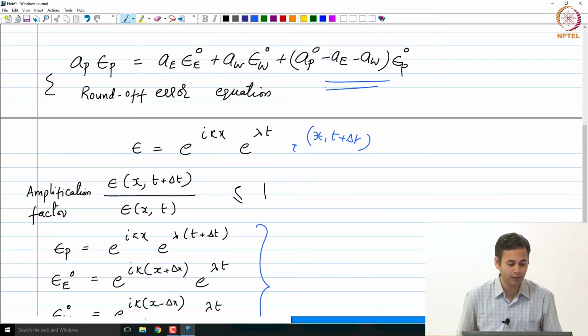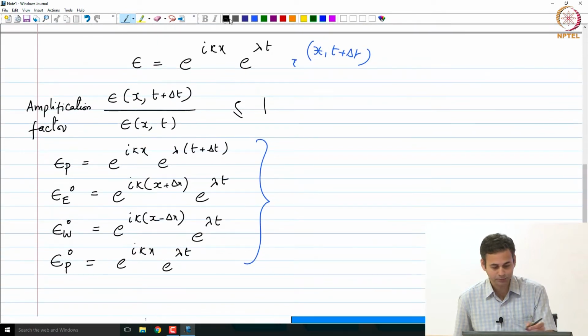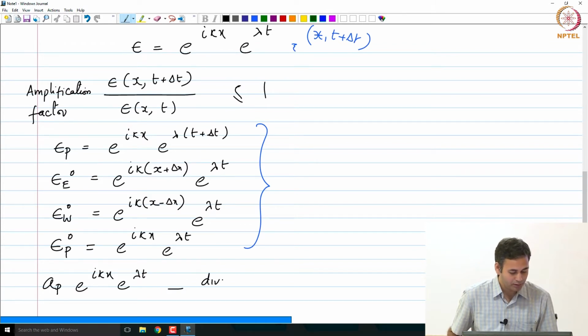We plug in all of these things, and we also would like to divide the entire equation by e to the I k x e to the lambda t after substitution, and also by A p. So, essentially divide throughout.